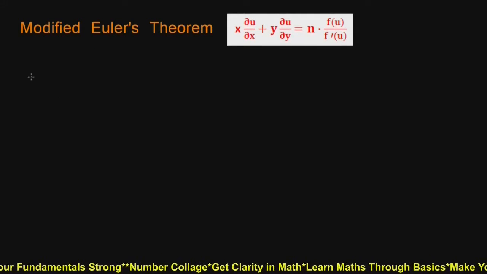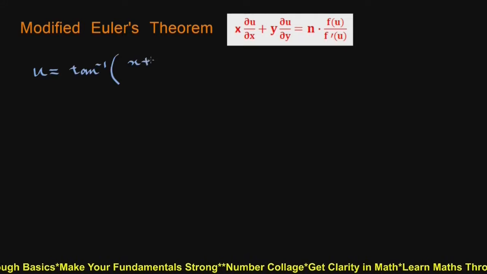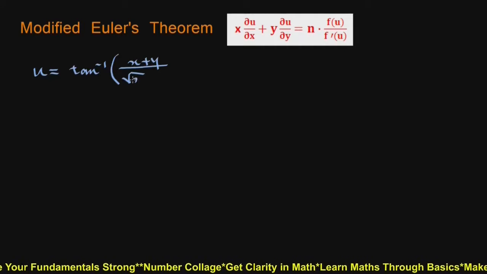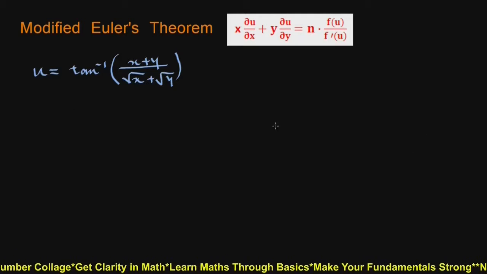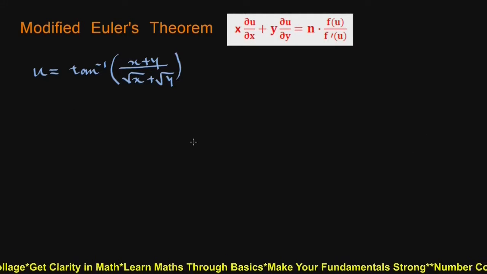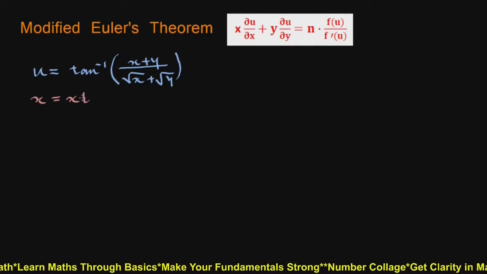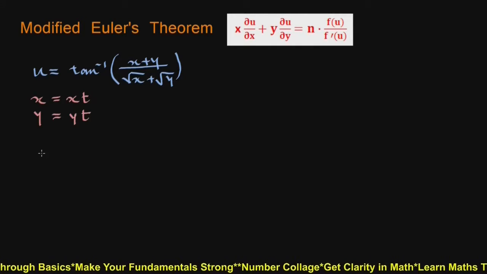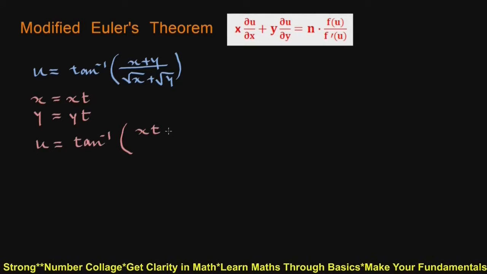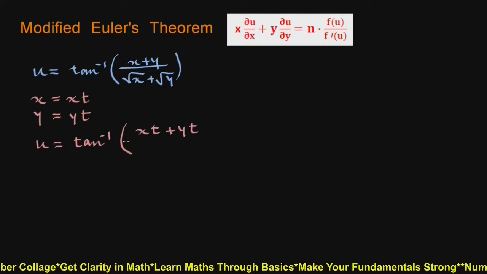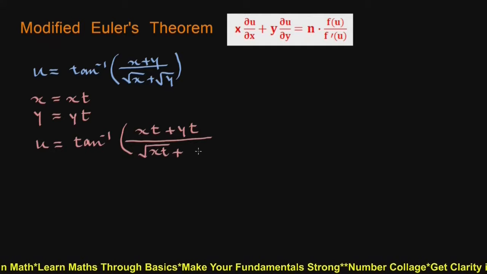Consider a function u equals tan inverse of (x plus y) upon (root x plus root y). To check whether u is a homogeneous function or not, we will substitute x equals xt and y equals yt, so that u becomes tan inverse of (xt plus yt) upon (root xt plus root yt).